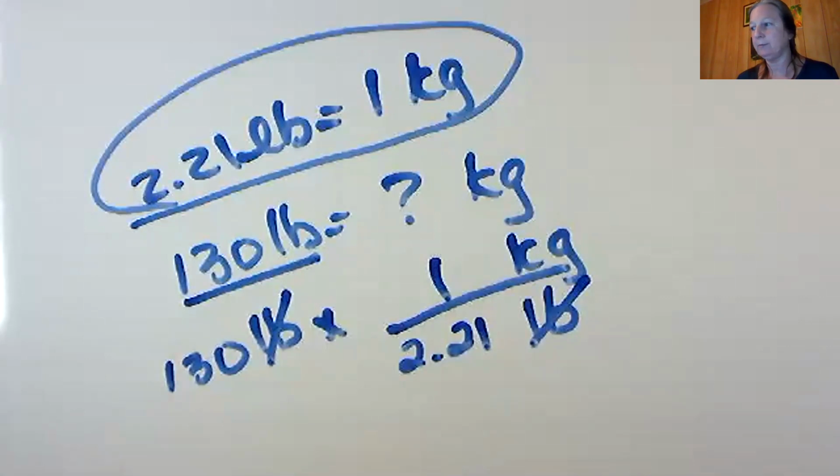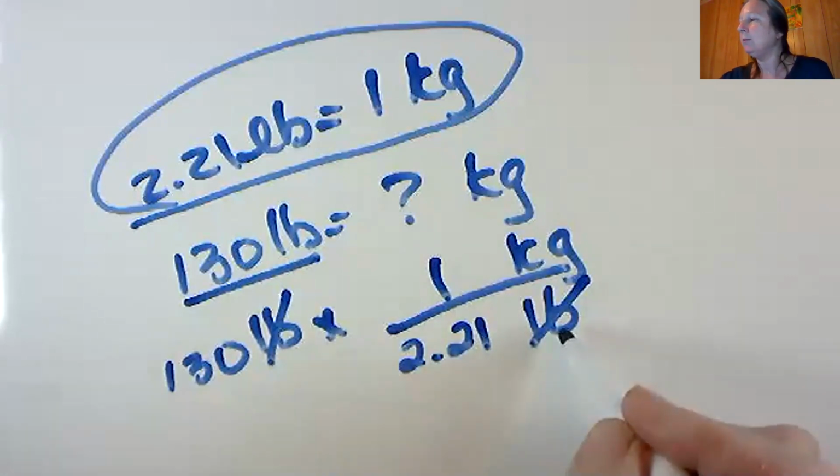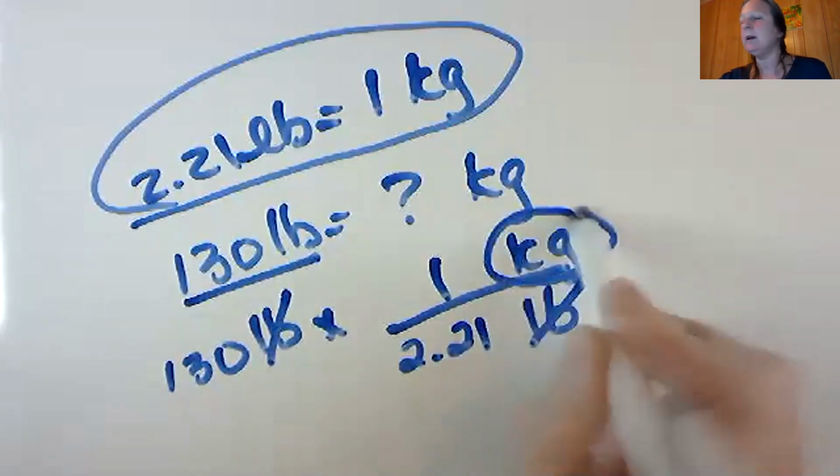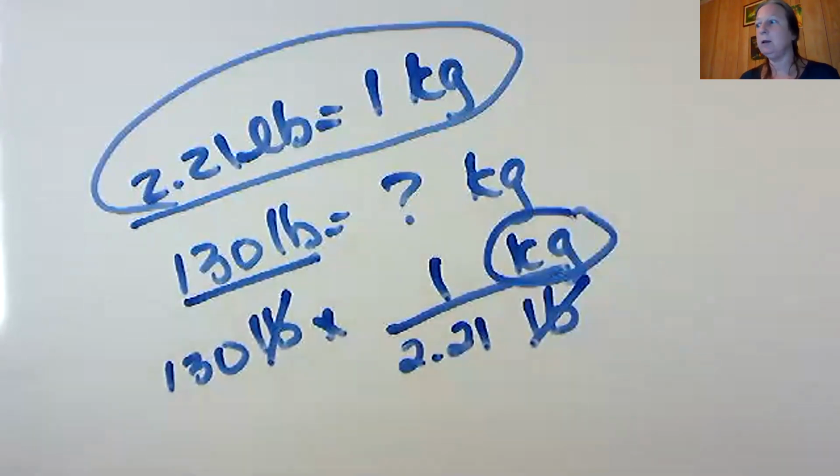It's just basic math. So you cancel out the units you don't want, and you say, do I have what I'm looking for at the end? I do. Great. Now just do the math. Plug and play. 130 divided by 2.21.